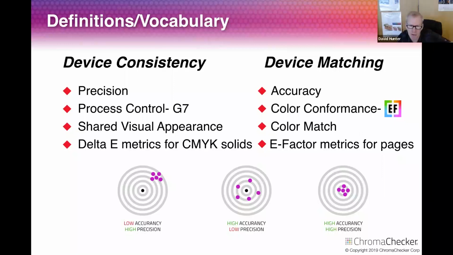And this is all about device consistency. But when we talk about device matching, meaning making two prints match one another, this is where color accuracy comes in. Color accuracy is how close is the print to Grackle.